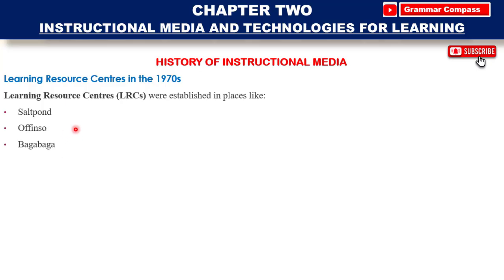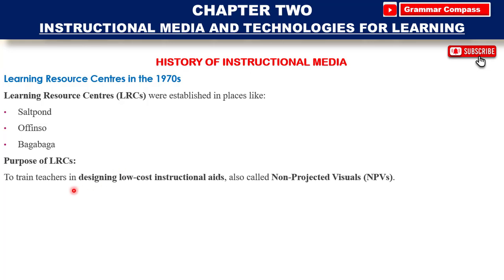The idea was to make them accessible to teachers across different regions of the country. What was their purpose? Their purpose was to train teachers in designing low-cost instructional aids. So teachers could create their own low-cost instructional materials, especially in areas where resources were limited.